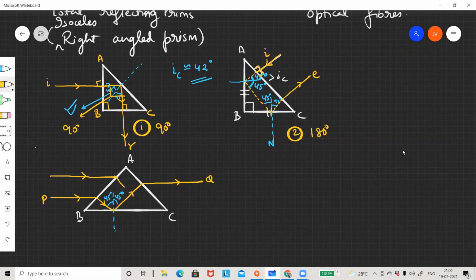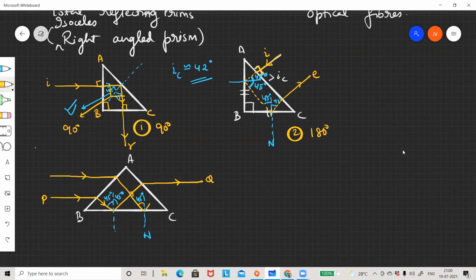After refraction, it hits the surface BC at a certain angle, and if that angle is 45, then the ray of light will not get refracted. It will be reflected.